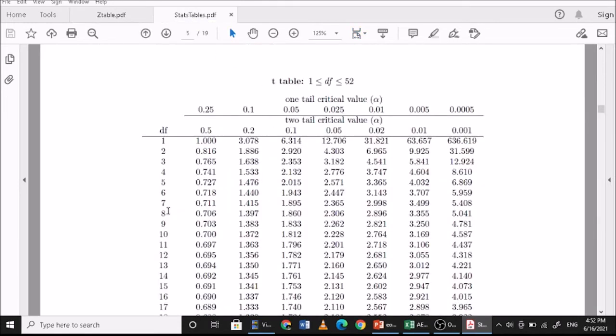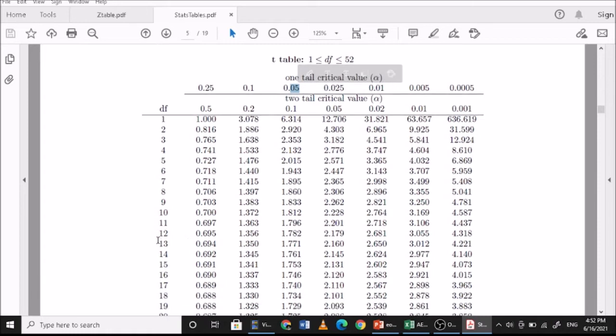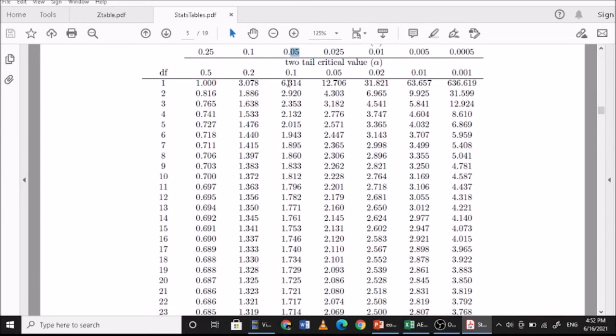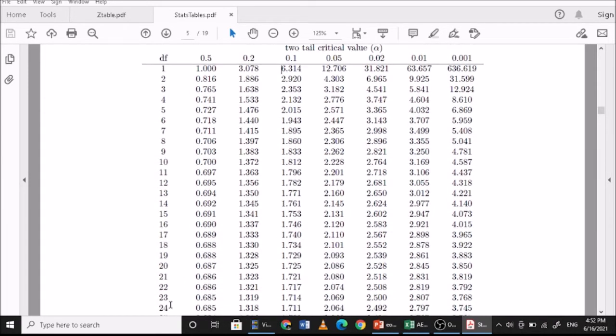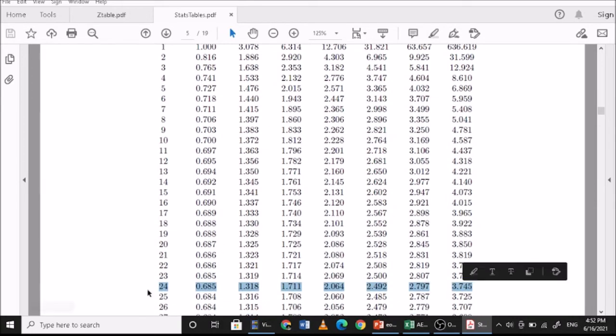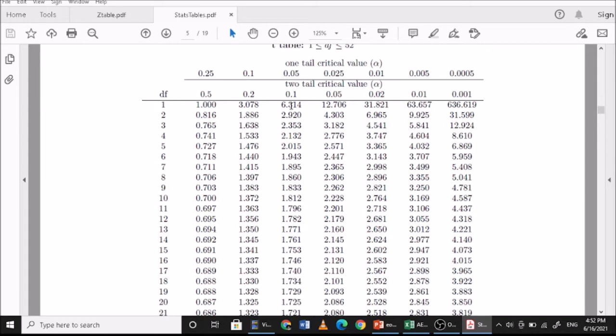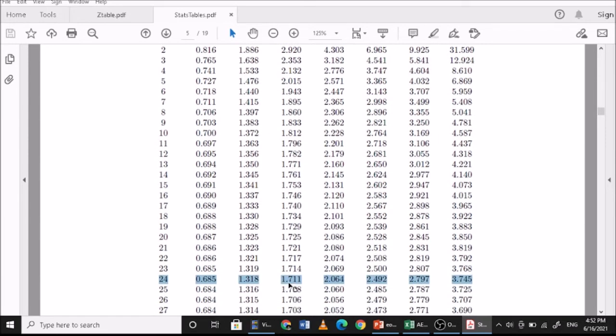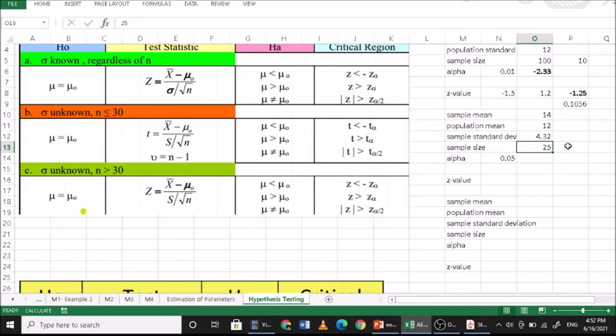This is a one-tailed critical value at 0.05, and the degrees of freedom is 24, n minus 1. The value for 0.05 at 24 is 1.711. So our critical t value is 1.711.